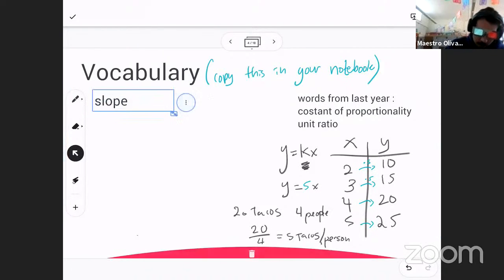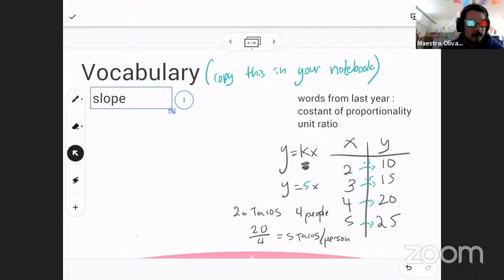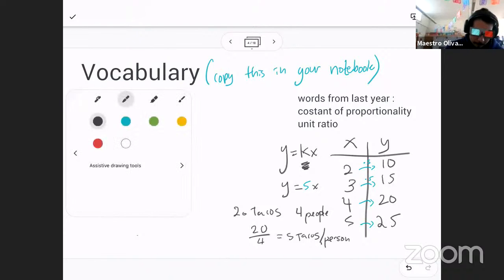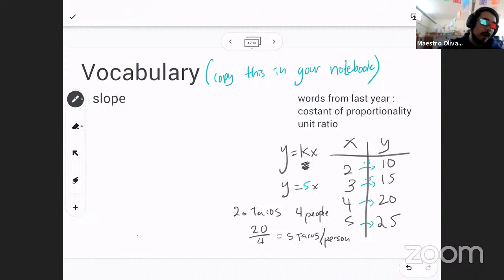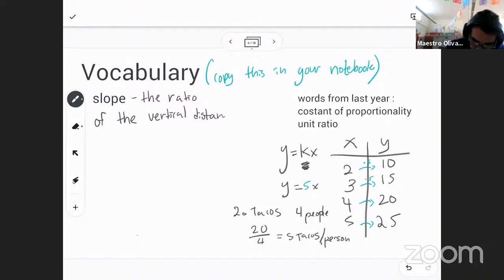Okay, maestro, you've talked about food, you're talking about constant of proportionality. What's the whole point here? Well, and yes, you are copying this down in your notebook. The slope is the ratio of the vertical distance and the horizontal distance of a line.